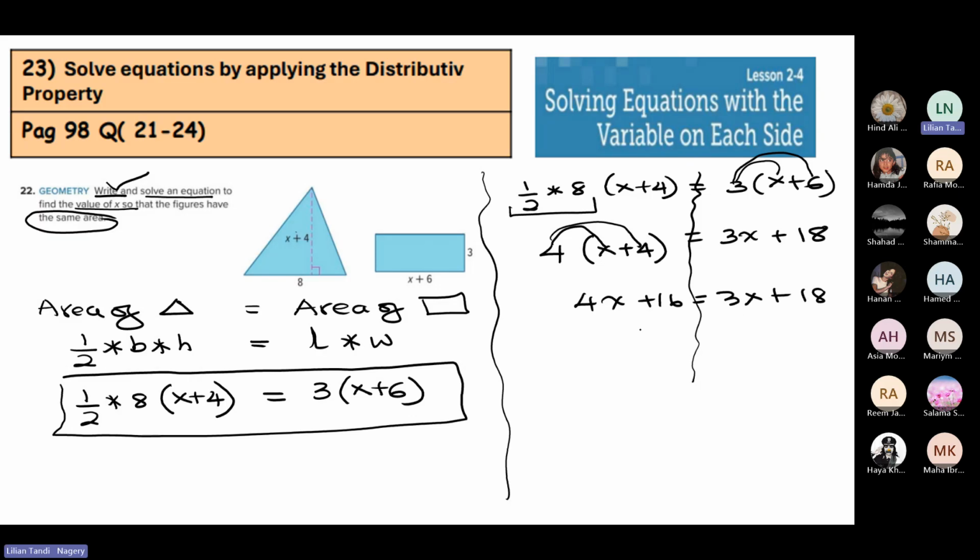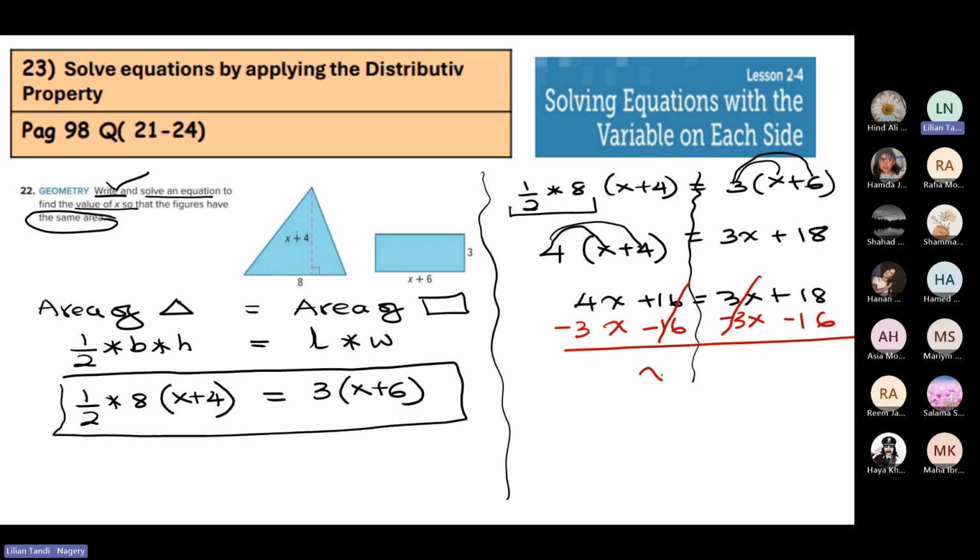x's on the left, numbers on the right. 3x has to move, and how? By subtracting because it is positive over here. 16 has to move to be with 18. Because it is positive, it will be negative when it is moving. 0, 0.